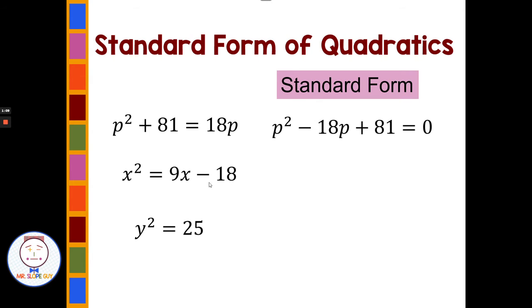On this one, to put in standard form, to get in descending order equal to 0, I want to subtract 9x to get it to the left side and add 18 to get x squared minus 9x plus 18 equals 0. To get this one in descending order equal to 0, subtract 25 from each side, and I'm now in descending order equal to 0.